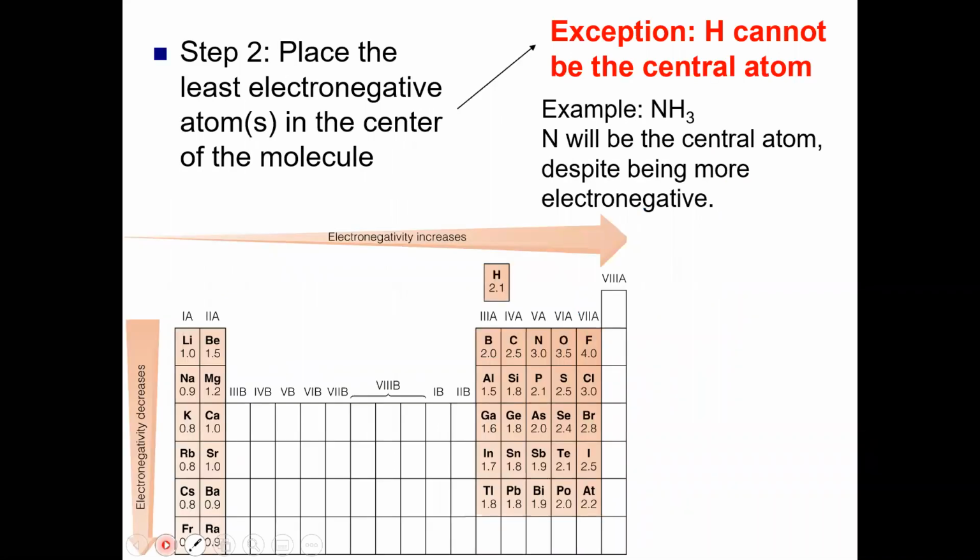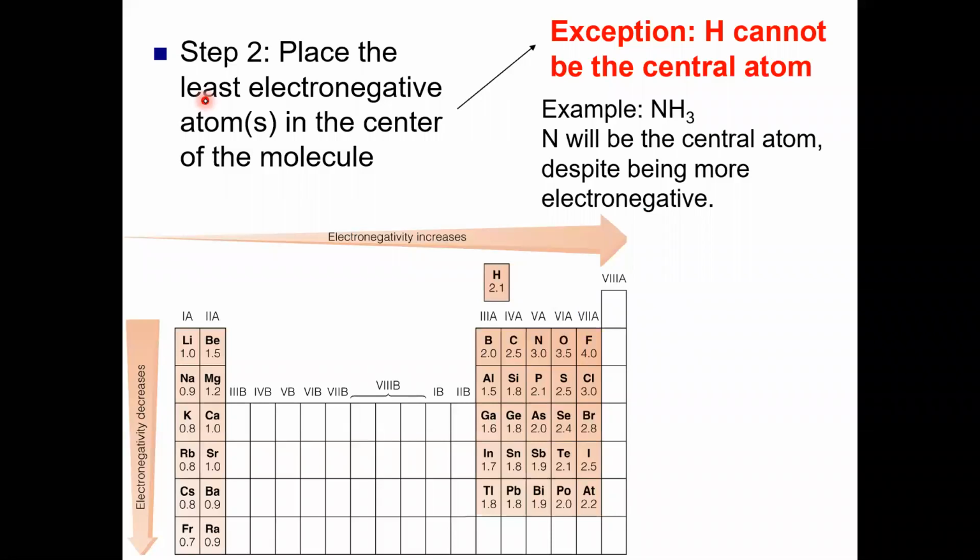Next, we need to determine what is our central atom. What we'll notice is that we need to place the least electronegative atom in our center. But there are some exceptions. One of those exceptions is that hydrogen cannot be at the center.